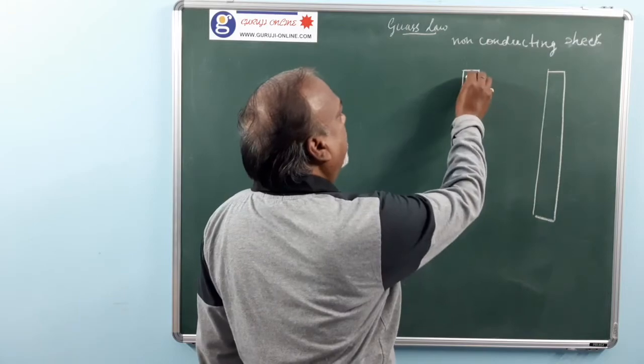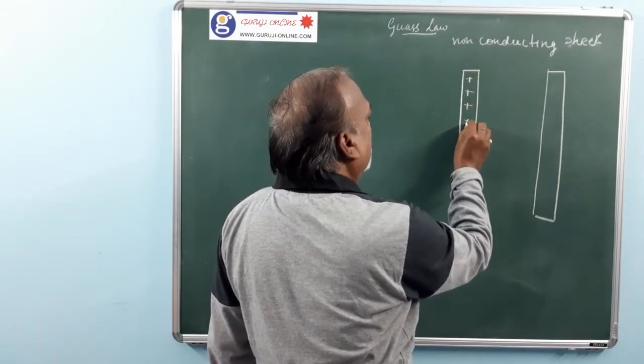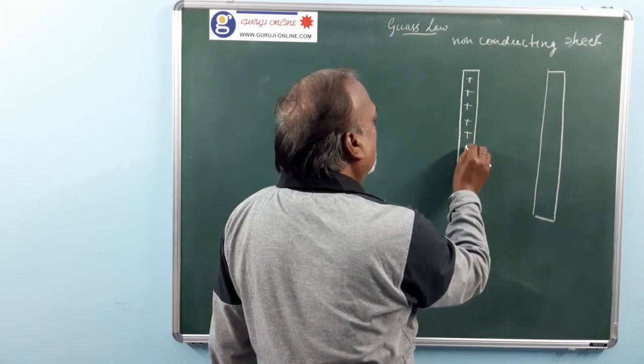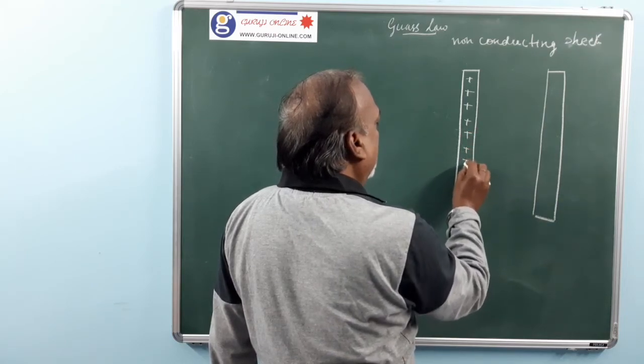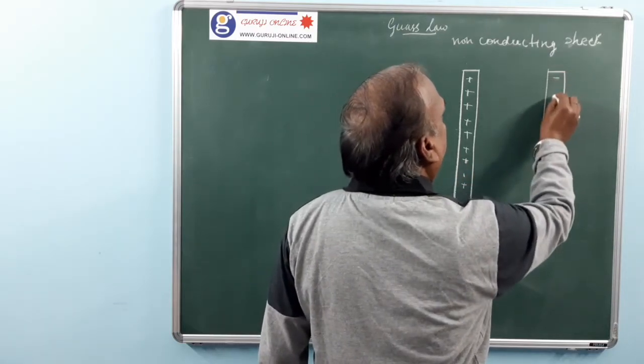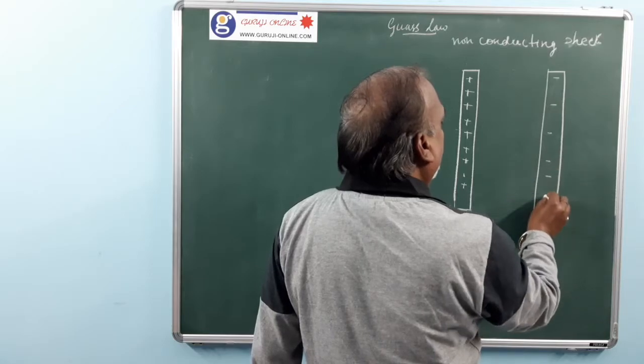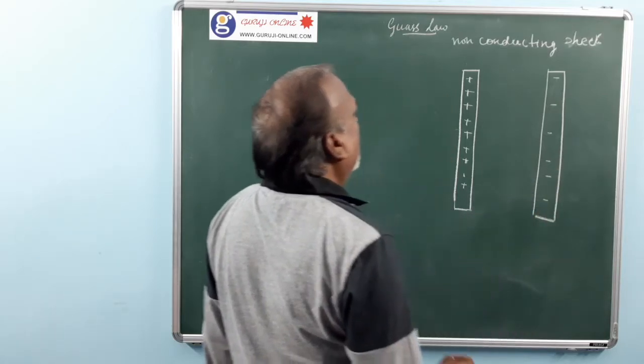This sheet is having positive charge density and this sheet is having minus charge density.